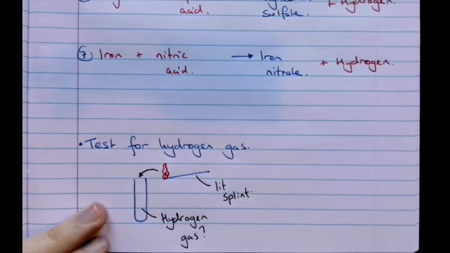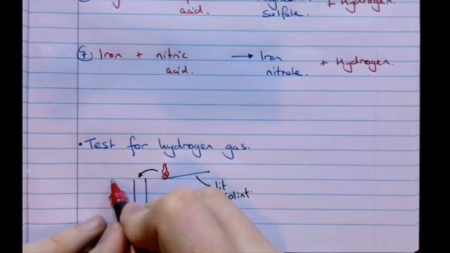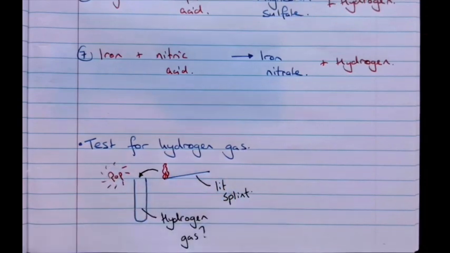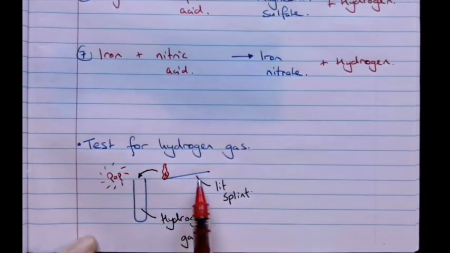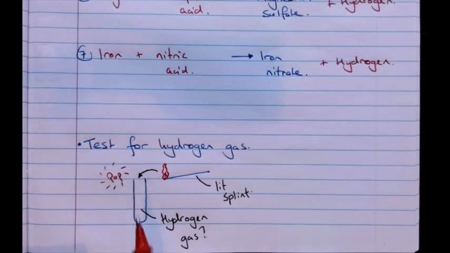Now, if the test tube does contain hydrogen gas, you will hear a pop sound. Okay, if it doesn't contain hydrogen gas, you won't hear that pop, because when the lit splint comes over here, the hydrogen gas burns, it burns really quickly, and it makes a pop sound when it does that. So if you hear the pop sound, you know you've got hydrogen gas.